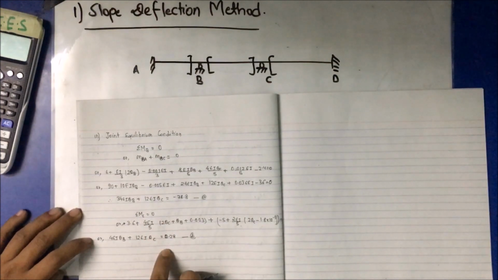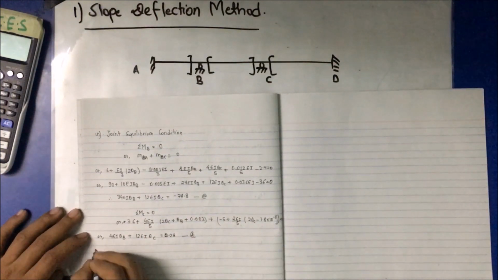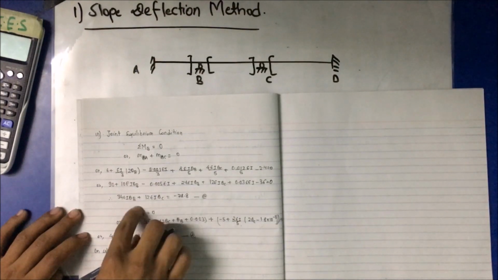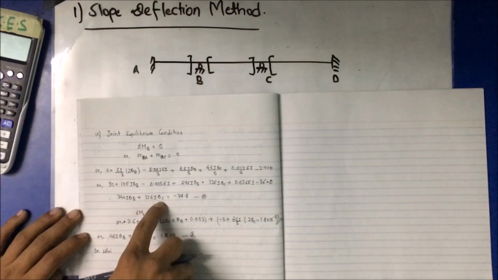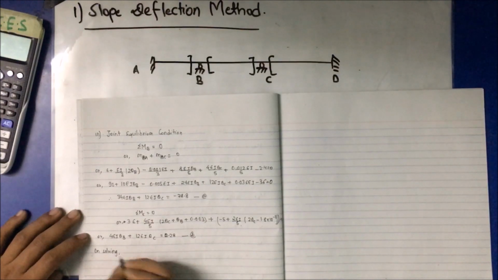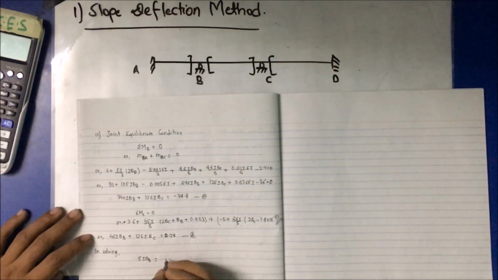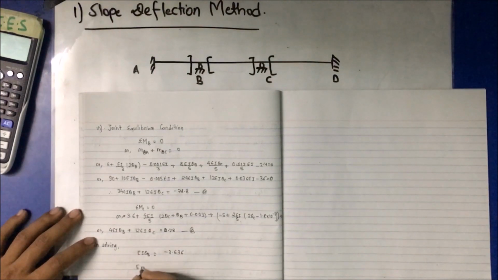On solving equations A and B, these are two simultaneous equilibrium equations for theta B and theta C. On solving, EI theta B I found to be minus 2.636 and EI theta C as 0.902.